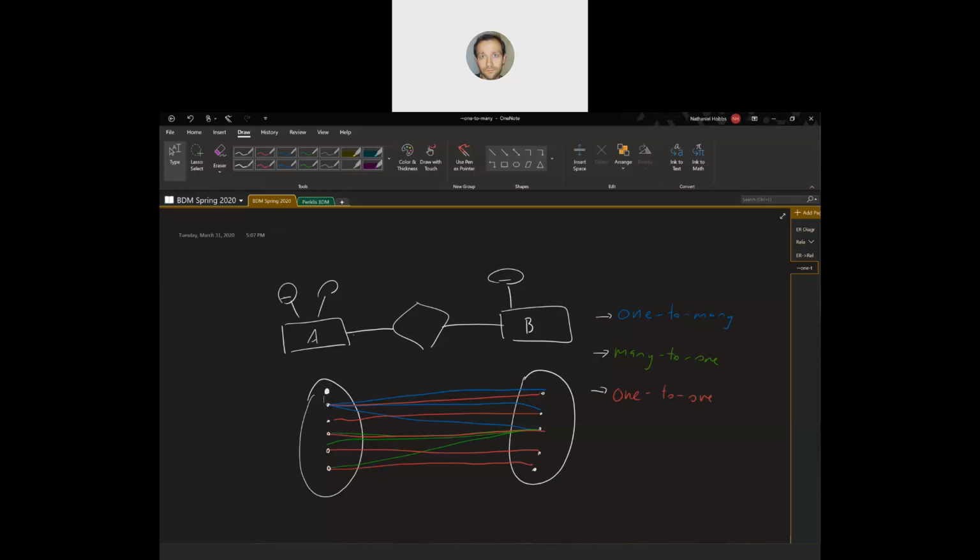It depends on if you have a thick line or not. A thick line says that you have at least one connection, so this thick line would disallow this type of occurrence in set A. Thin lines allow for it.